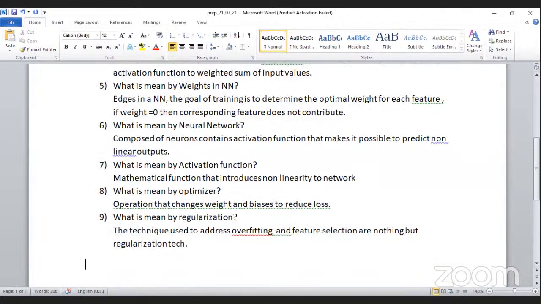So regularization is mainly used to address the issue of overfitting, and in some cases we are using it for feature selection also.